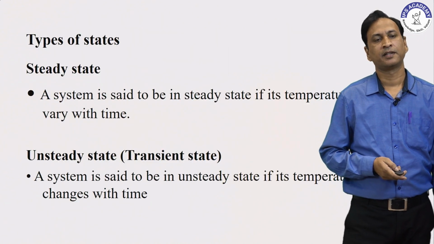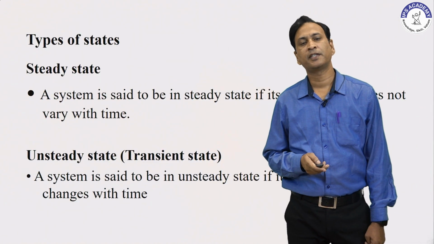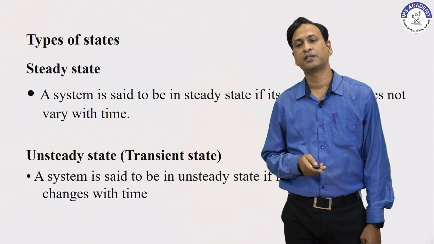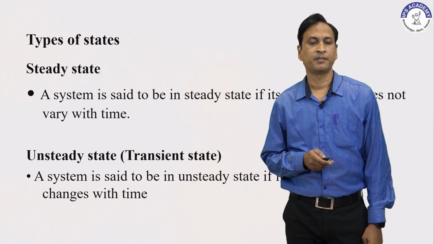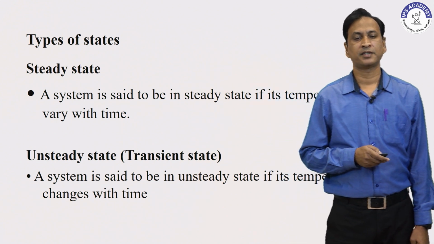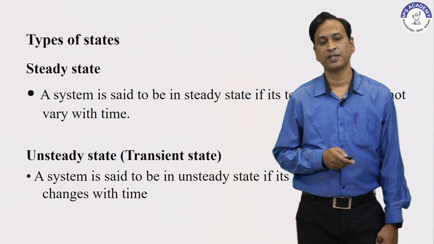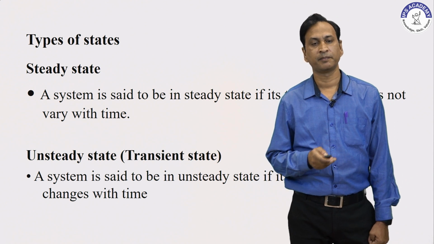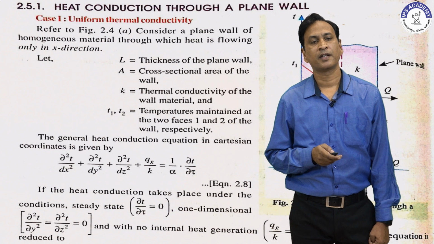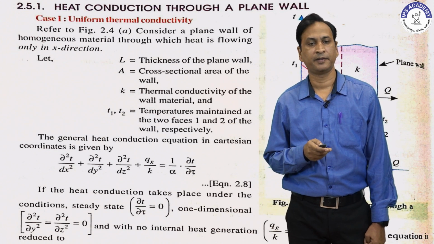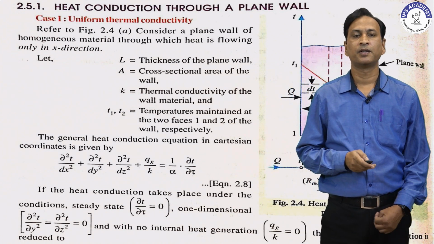Types of state. Steady state: a system is said to be in steady state if its temperature does not change or vary with time. Unsteady state: a system is said to be in unsteady state if its temperature changes with time. Next is heat conduction through a plane wall. Case 1, uniform thermal conductivity. Refer to figure 2.4.